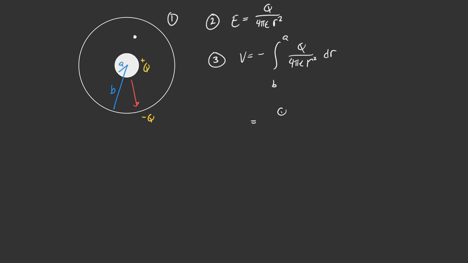We know the electric potential is Q over 4 pi epsilon times 1 over r evaluated from B to A, correct? So this is going to give us Q over 4 pi epsilon times 1 over A minus 1 over B. Is that positive or negative?